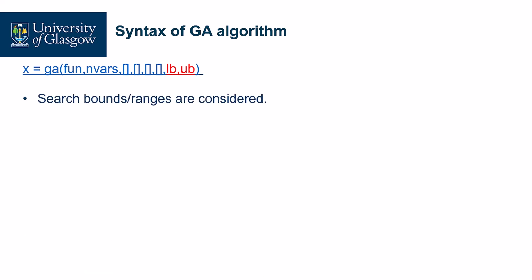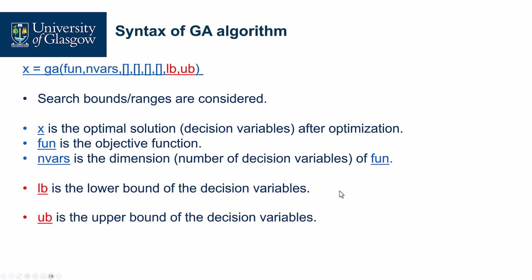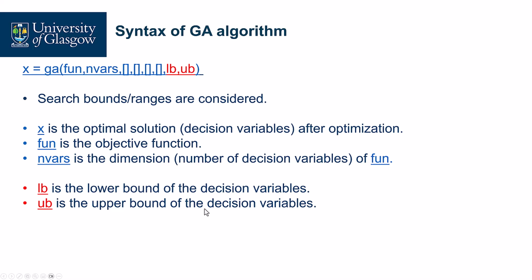The lb and ub set the search bounds, which we have discussed, so I will repeat it here. lb is the lower bound of the decision variables, and ub is the upper bound of the decision variables. We can define them here. They can be vectors, right?